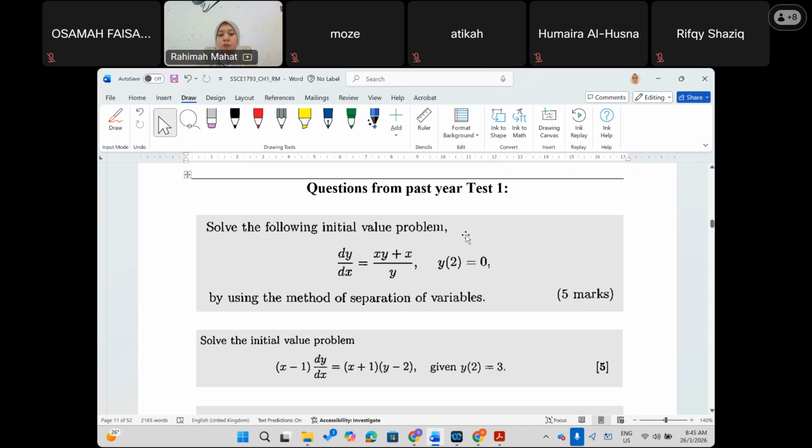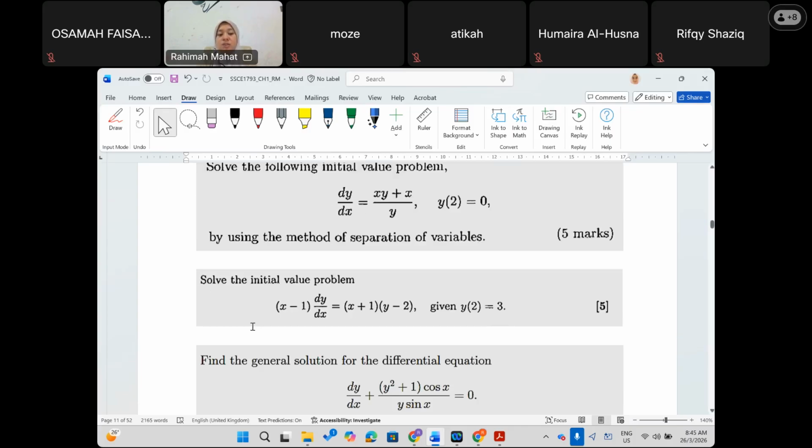Given to you the IVP, you need to separate into the separable form, and after that you do the integration. After you do the integration, you need to substitute with the IVP here to get the value of the constant. The constant may be any variable, not only C. You can put A, B, C, any variable.